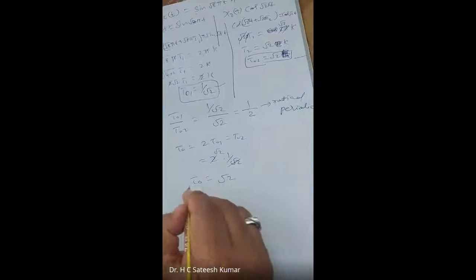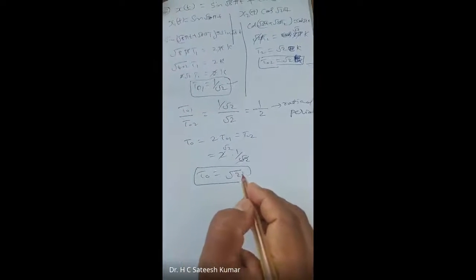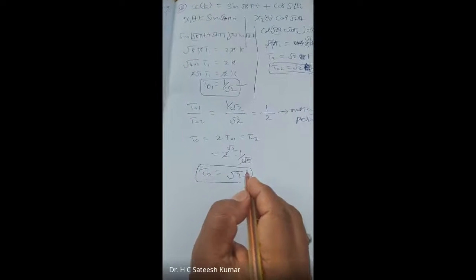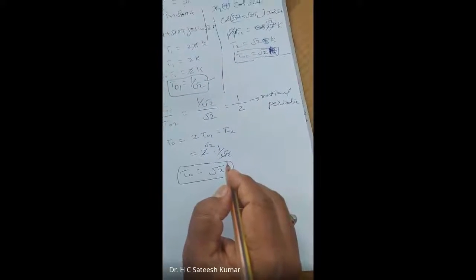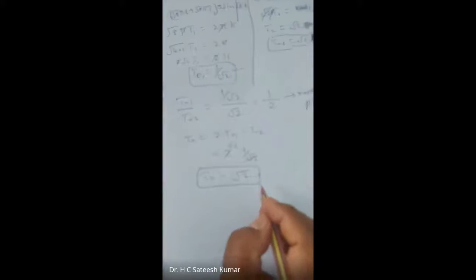T naught is equal to root 2 and is periodic.